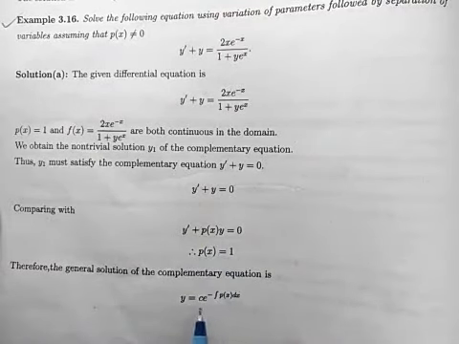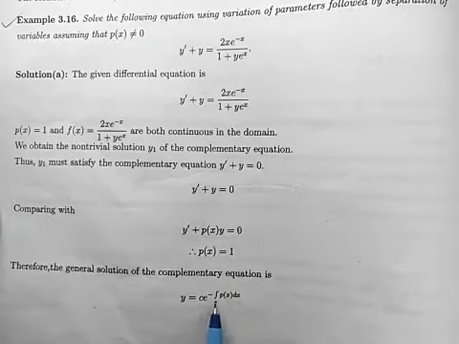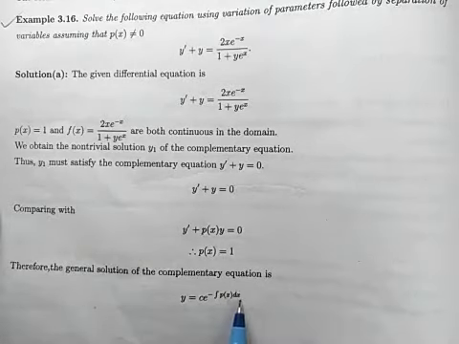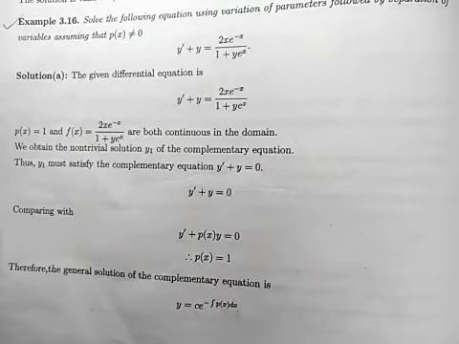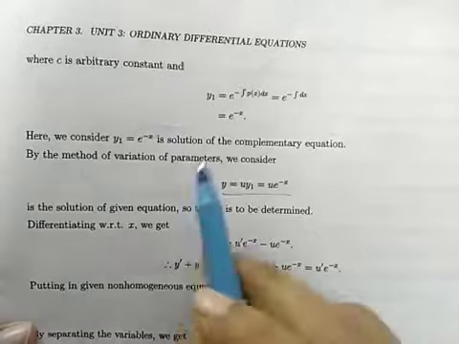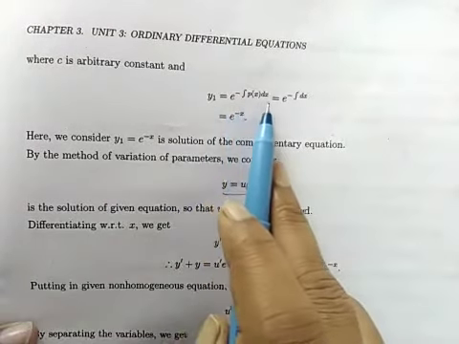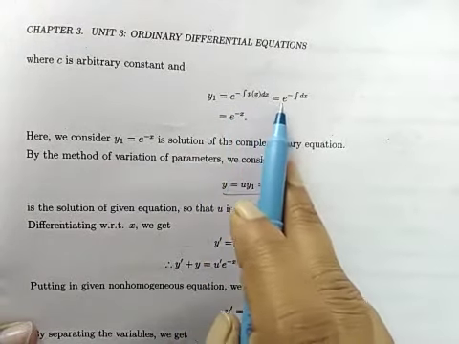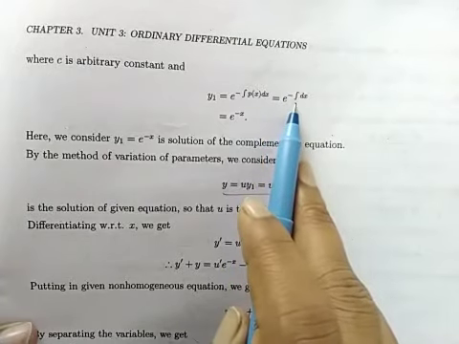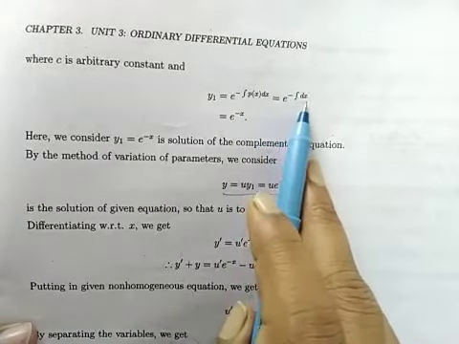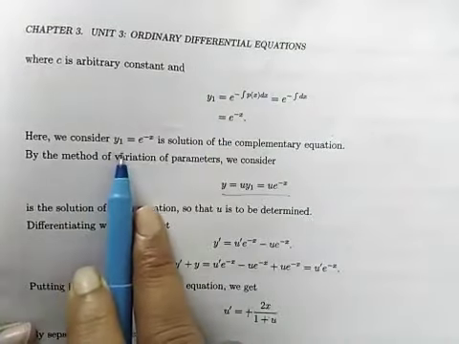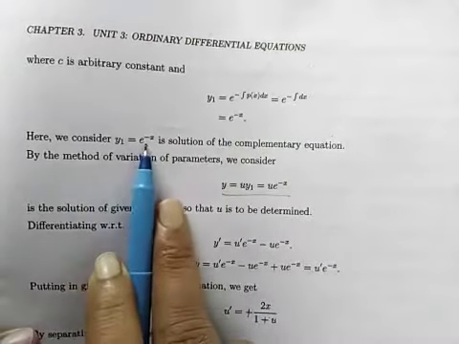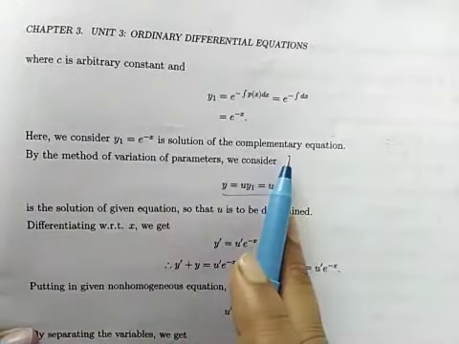Therefore, its general solution will be y = c e^(-∫p(x)dx), and y1 will be e^(-∫p(x)dx). Here p is 1, so the integral of dx gives x, and we get y1 as e^(-x). So we consider y1 = e^(-x) as a solution of the complementary function.